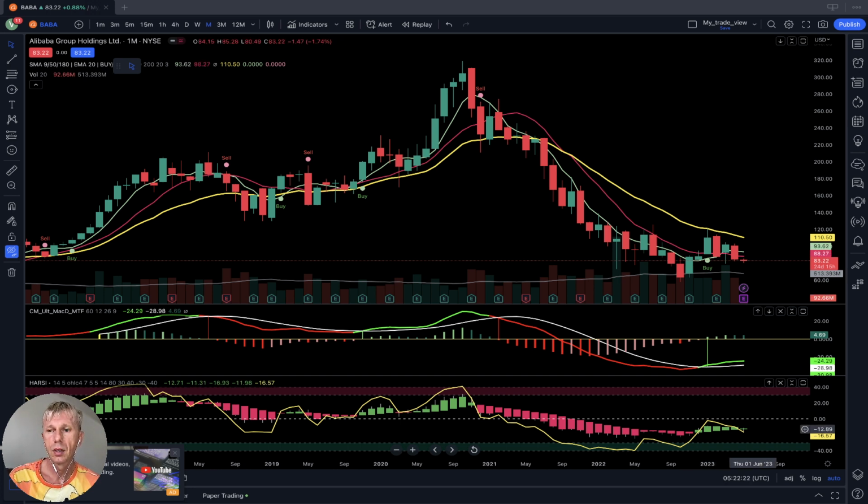Heikin Ashi bullish. It is bullish. The last bar is still below moving averages, but the trend is bullish, but the signal is weak. The signal is getting weak, but the trend is bullish on monthly time frame.